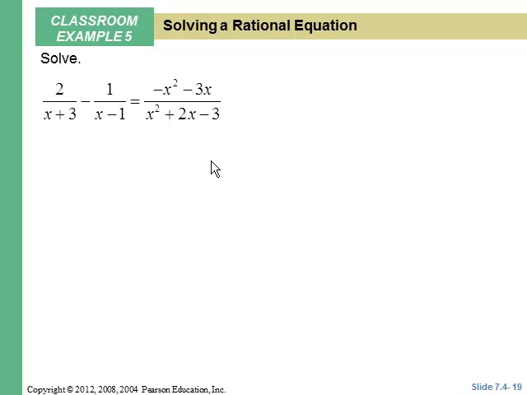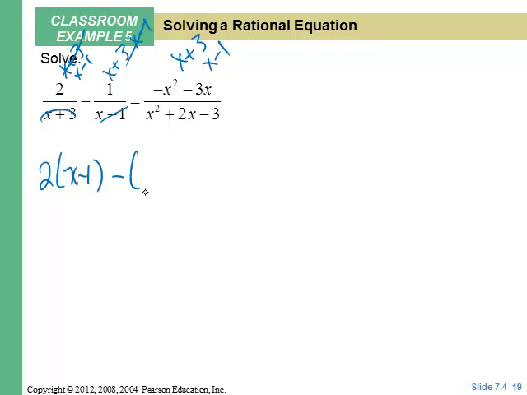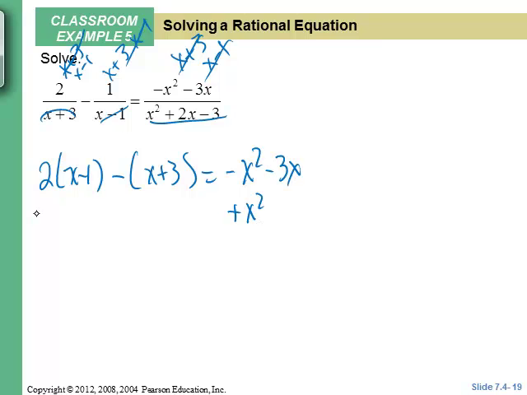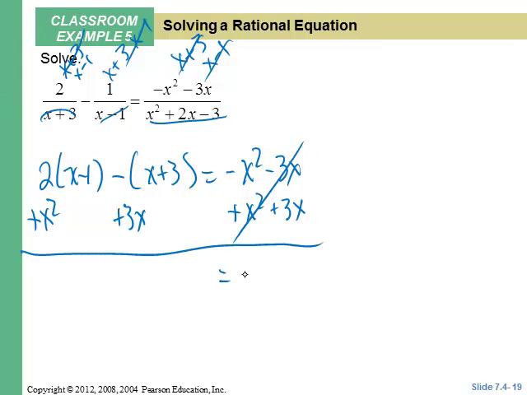Okay, this one. We've got x plus 3, x minus 1, x plus 3, x minus 1, x plus 3, x minus 1. Okay, these two cancel, so we're left with 2 times x minus 1 minus, these cancel, x plus 3 equals, these cancel, negative x squared minus 3x. So add x squared to each side and add 3x to each side, and we get 0.